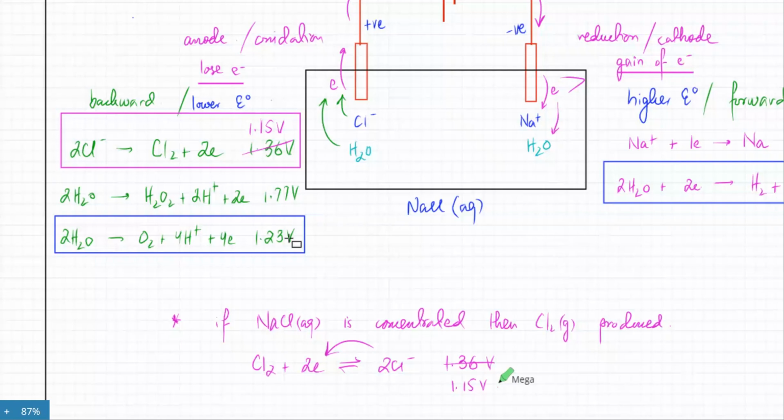By just slightly altering the concentration of Cl minus 1 ions, you were able to reduce the potential value. And if it becomes lesser than 1.23 volts, then Cl minus 1 would have the lowest E naught, and that is the one that would be discharged in preference to water.